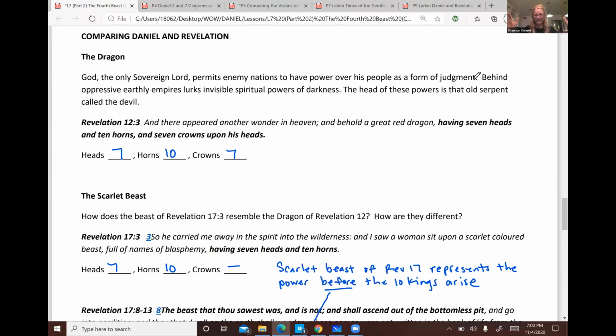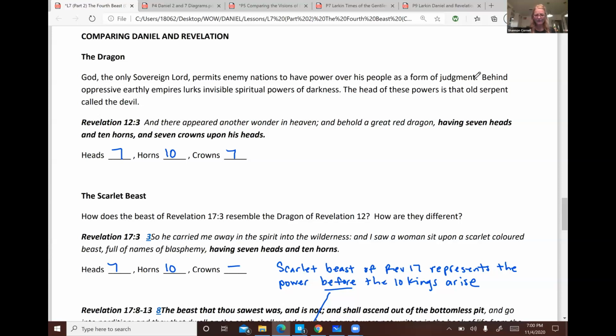He is sovereign, he's over everything, and he permits Satan or the devil to rule through these Gentile empires. But God is sovereign over all. So behind these oppressive earthly empires lurks invisible spiritual powers of darkness, but again, God is sovereign over all.